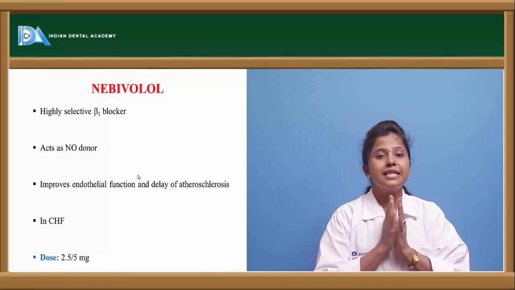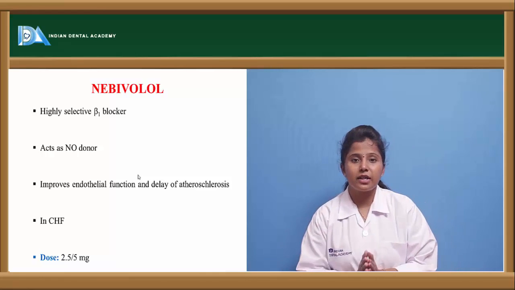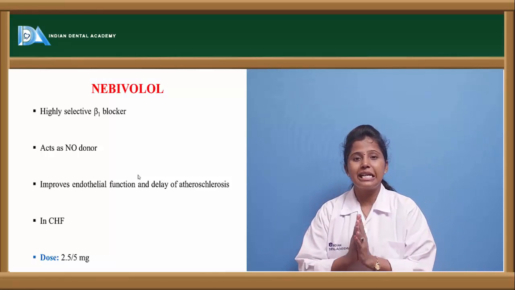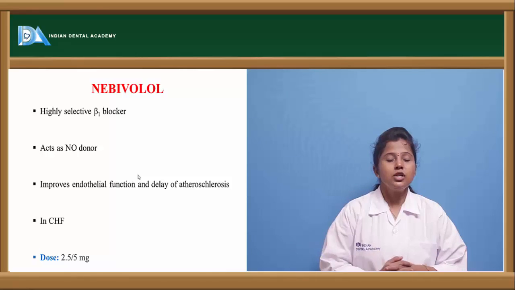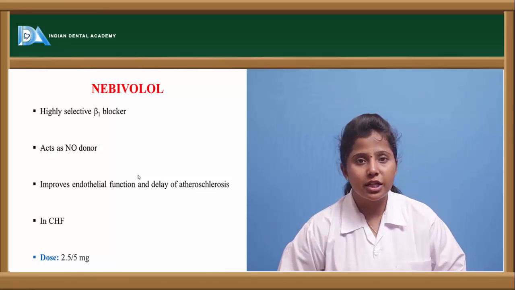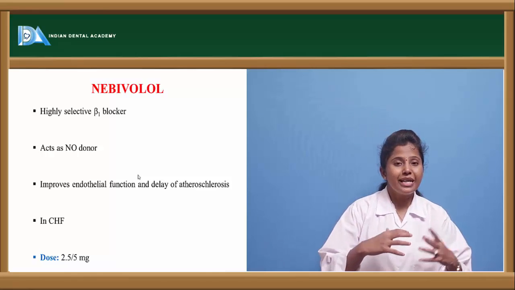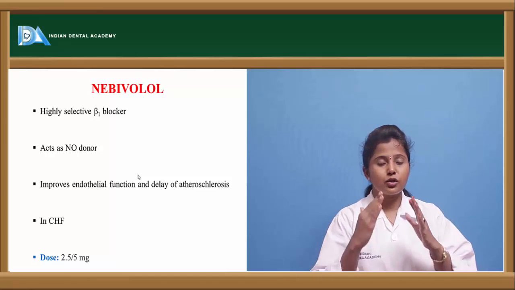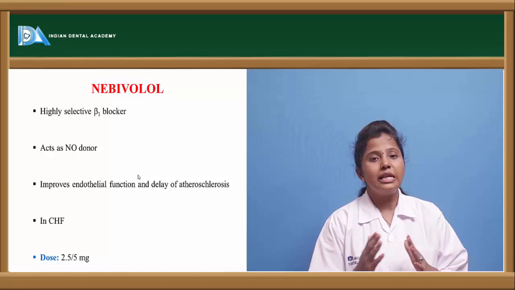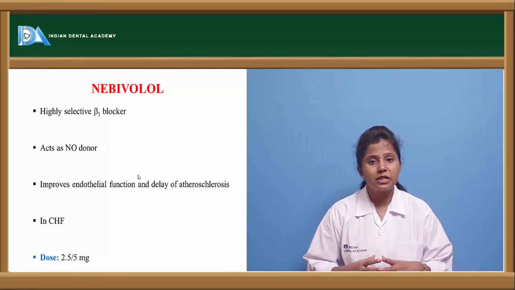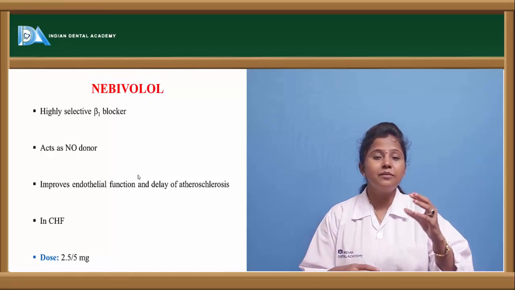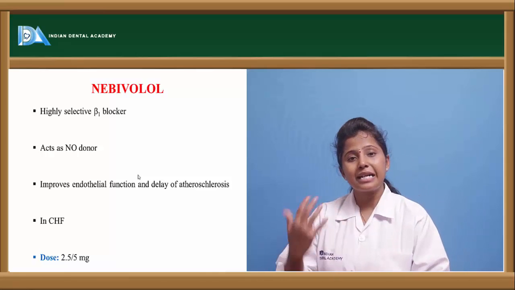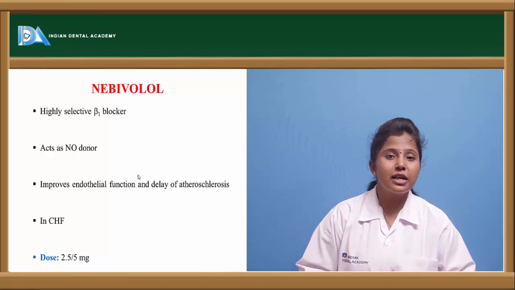If a person has a hyperlipidemia condition, which is slightly different from atherosclerosis, we can say hyperlipidemia is the initial stage of atherosclerosis. In that condition, it improves the endothelial function. Because of the increased nitric oxide present in the cell, the endothelial function can be altered.